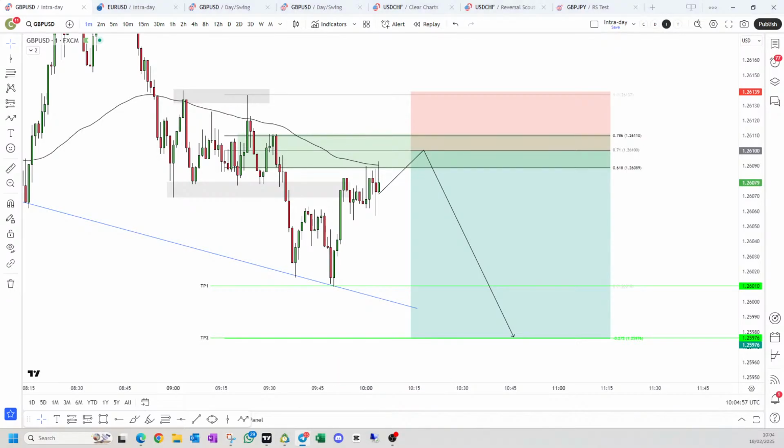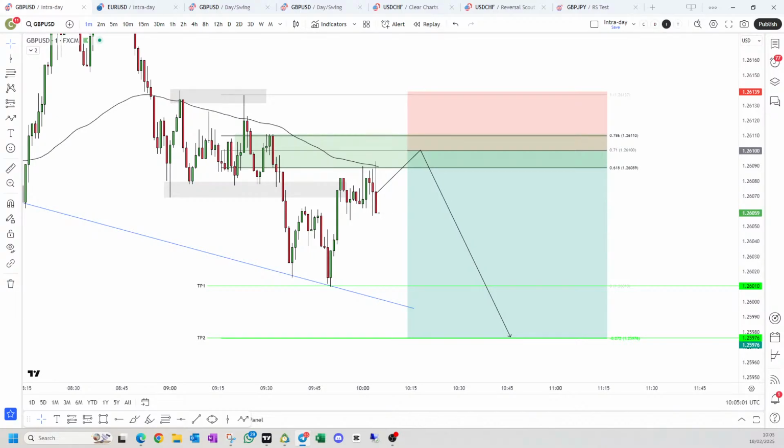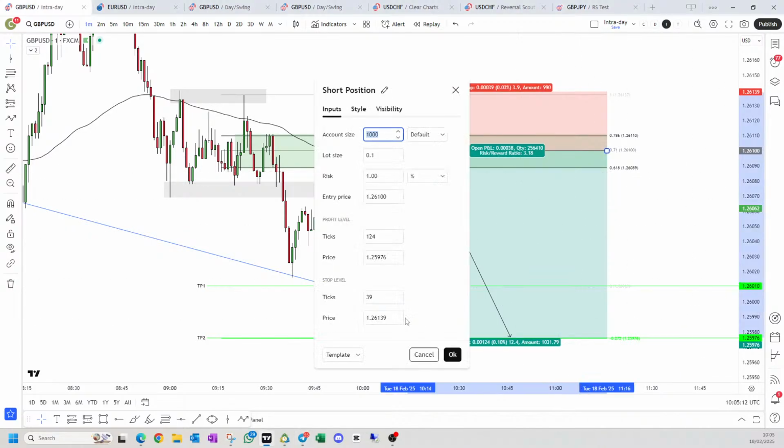So we've got a GBPUSD limit. Entry, SL, TP1, TP2. This is TP2. Entry, stop loss.